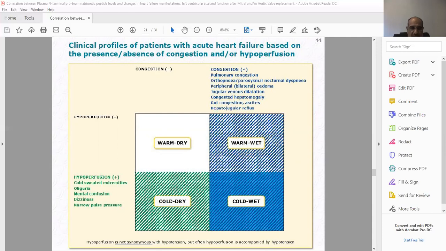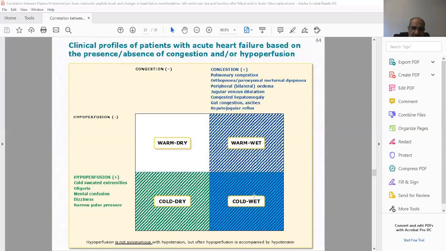Warm and wet means the patient is well perfused but volume overloaded. About 60 to 70% of patients presenting to the emergency room are in this category, like patients with pulmonary edema, for example. They come to the emergency room warm, not shocked, but they have a lot of fluid in their lungs.